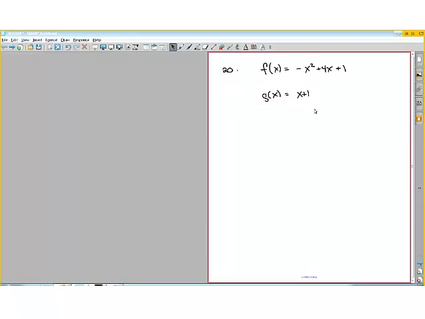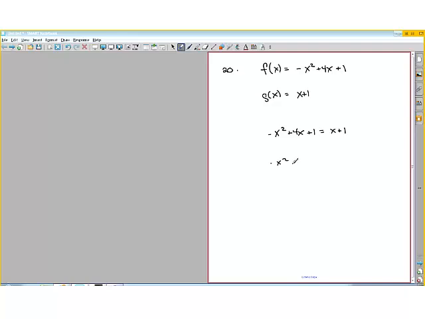Okay, so here we go. We're supposed to prove analytically. So we set the two equations equal to each other. Find out the values where they are equal to each other. So what I'm going to do is subtract x and 1. So we get negative x squared.